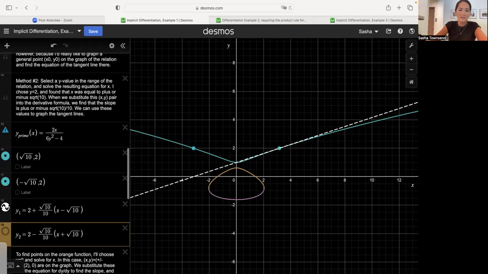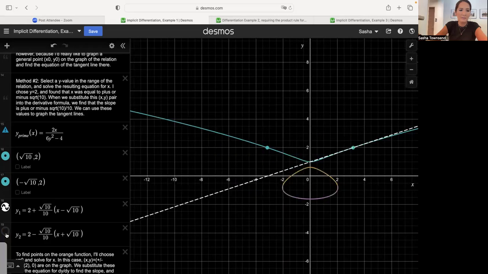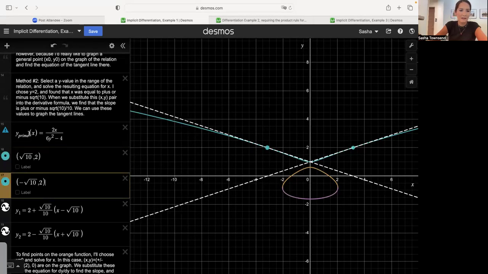And the same is true at the other side. You just get a different slope. It's negative square root of 10 over 10, and then we're subtracting a negative square root of 10. So that means we add square root of 10 in our formula. And so we get that line. And that's also tangent to the curve. So we can see that this formula for the slope that we calculated using implicit differentiation is actually giving us the right value.